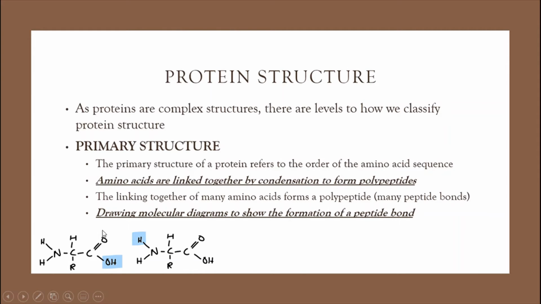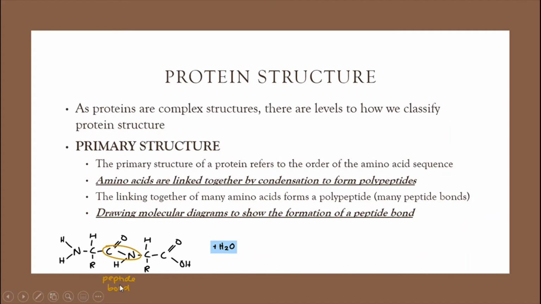So we've got a hydroxyl coming off this first amino acid, and an H coming off the amine group of the second amino acid. They're going to combine together to form water, so H2O. And then we're going to have our 2 amino acids linked together. That link is called a peptide bond.